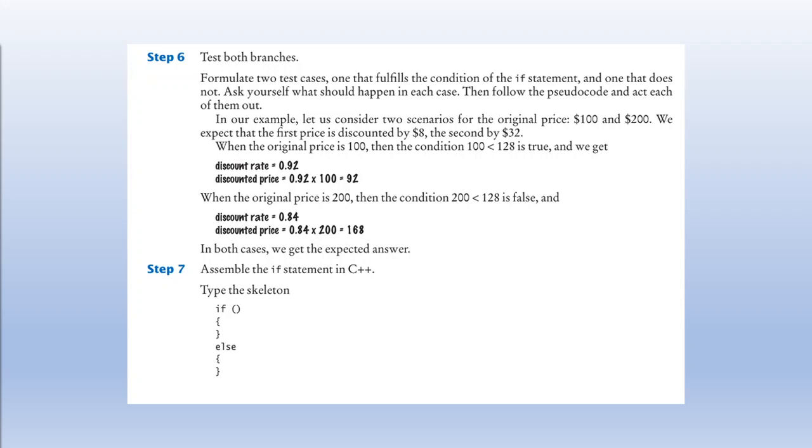In step 7, we will assemble a C++ syntax of the logic that we have written out in our pseudocode. It is a good practice to type in the skeleton of your logic before you actually fill in with information or variables. Notice that in step 7, we have created a blank if followed by a blank else, which is considered to be a code skeleton.